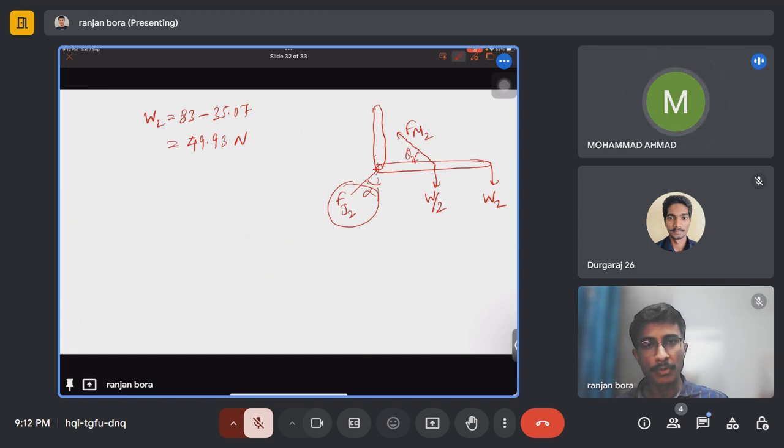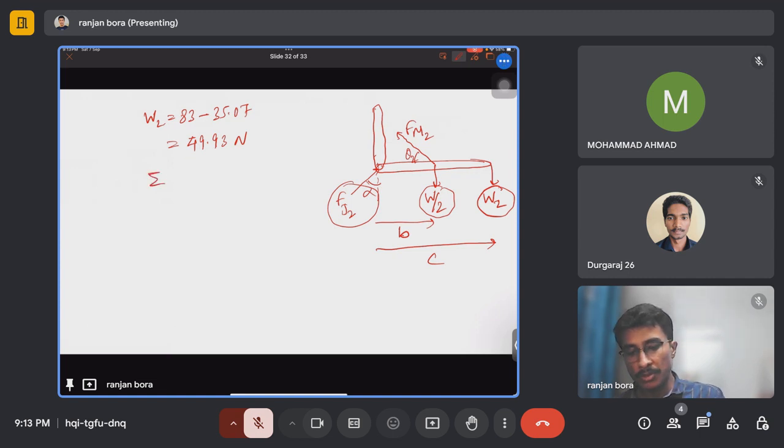This is B and this is C. These distances are given. W2 is known to us, W by 2 is known to us. So again you will do summation Fx equal to 0 and summation Fy equal to 0, and using these two equations you will find out Fj2 and alpha. So I think you can do, right?